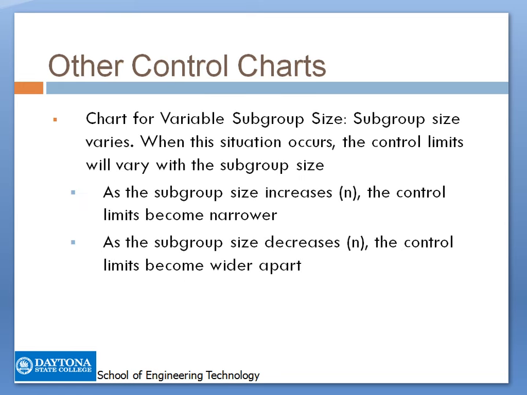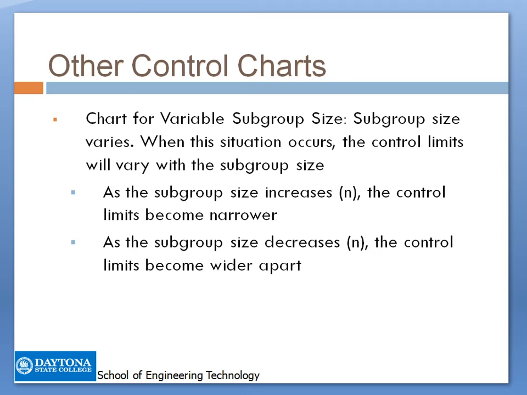Another type of control chart for variable is the chart for variable subgroup size. And this one is when the subgroup size will vary. When we went over the X bar and R chart and the X bar and the S chart, we were always using subgroup size constant.